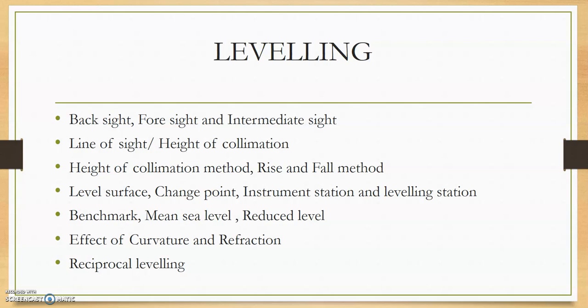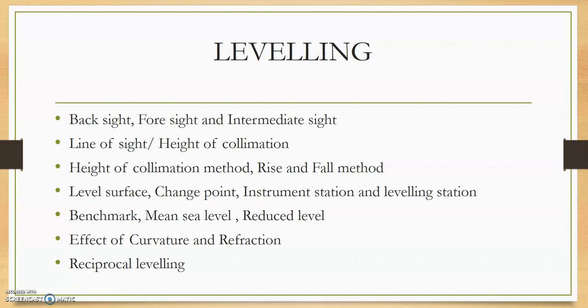In the rise and fall method, a particular point is compared with the previous point. Each point is compared with the previous or successive stations to see whether it has risen or fallen. We will discuss this in the problem.